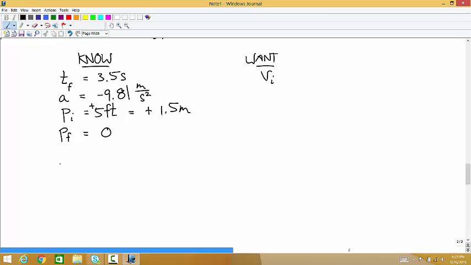Okay, so the equation that'll work is P final is equal to P initial plus VI TF plus 1/2 A TF squared.